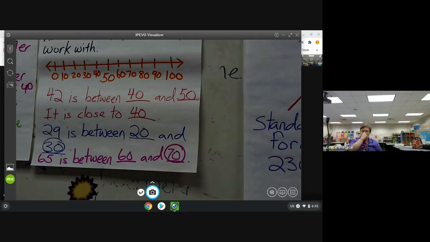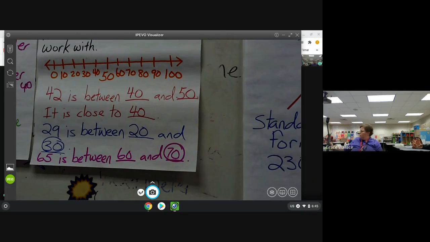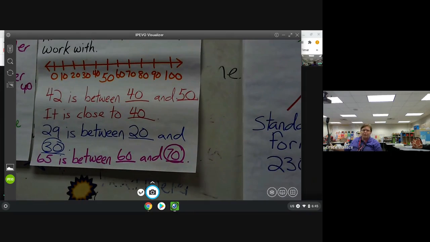So anytime we have the number 5, we want to think about, let's give it the benefit of the doubt and let's round up to the next number. So if we have it closest between 60 and 70 and it ends in a 5 and we're going to round it up, the closest number is going to be 70. It is 70. Now we also, this is going to look weird for a second.